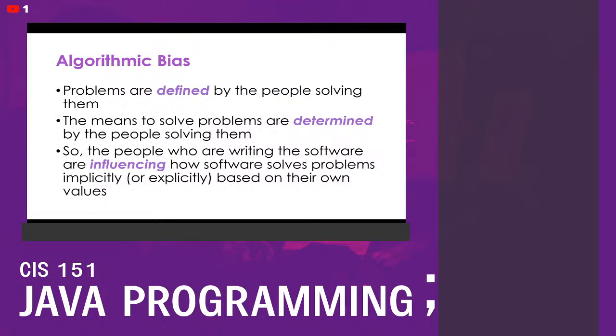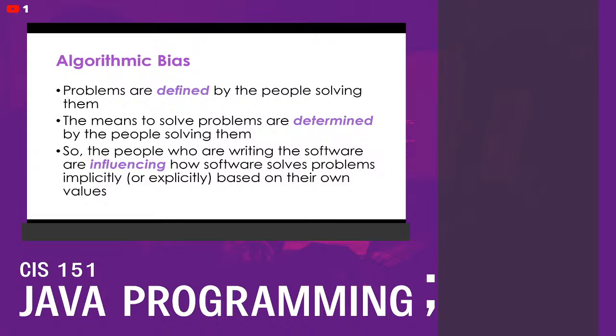So oftentimes we think about computers and software as being robotic and without any kind of biases. It's a computer, right? It doesn't think, it doesn't have an understanding of the world.